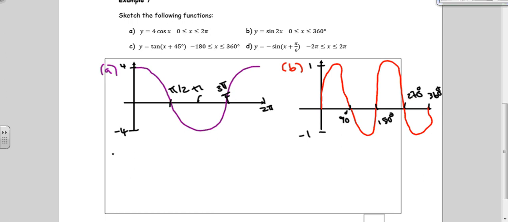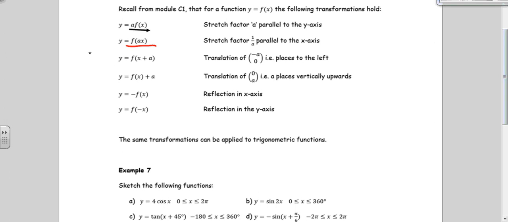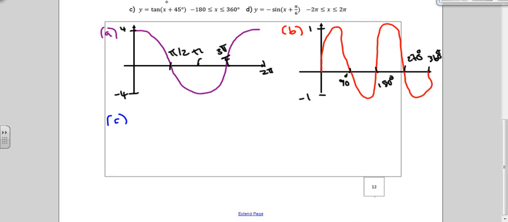So for part C, we are asked to draw y equals tan of x plus 45 in a period of -180 degrees to 360 degrees. So that means that we have this, which is a translation of -a, which means that we move to the left. So we need to have some negative axis this time.